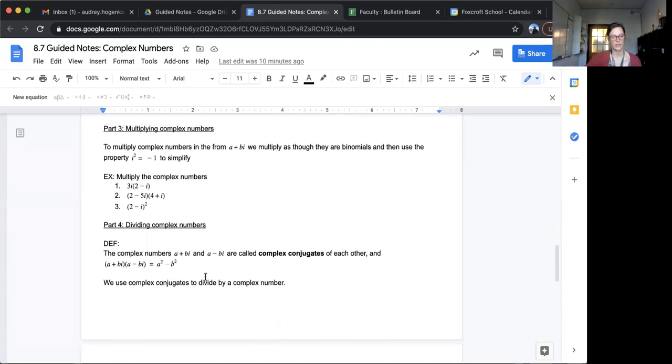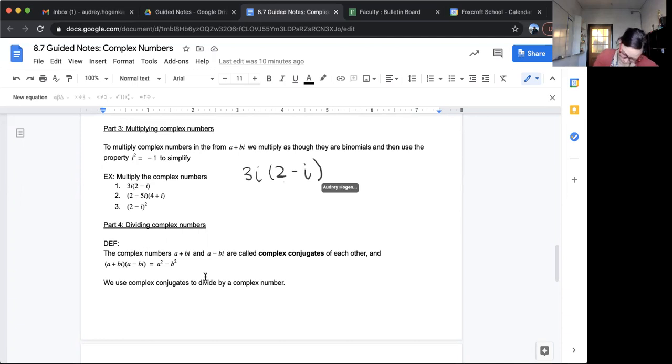To multiply complex numbers, we multiply as though they are binomials and then use the property i squared equals negative 1 to simplify. So let's take a look at these problems. First up, we have 3i times the quantity 2 minus i.